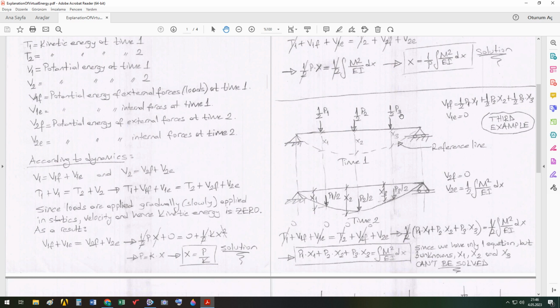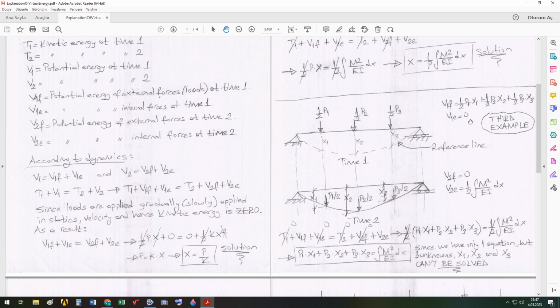We use the final load values of the static loads. But when we are writing energy equations, we have to use the average value of the loads because time is not neglected in dynamics, and the energy equation is written when time does exist. Here there is time 1 and time 2, and the value of P1 changes from 0 to P1. So we have to use the average value.